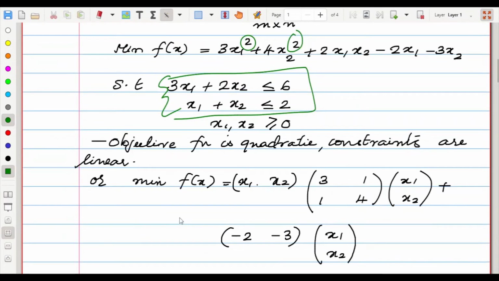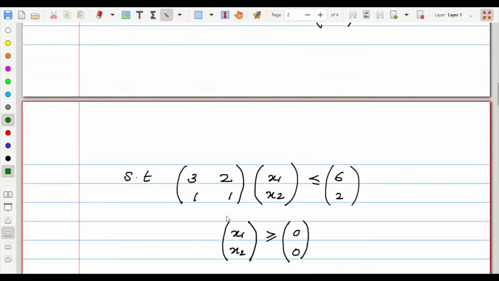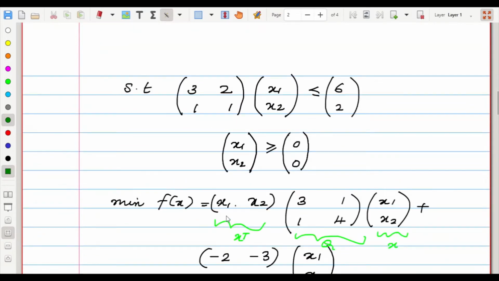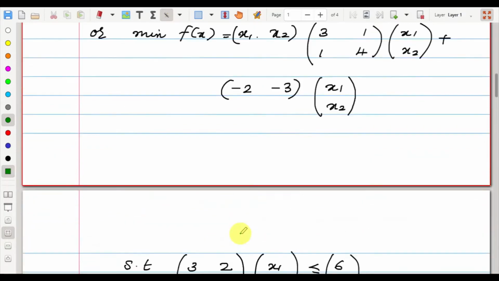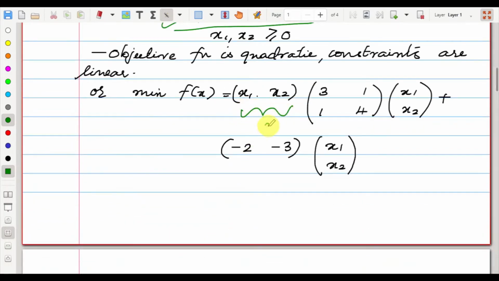So another way of writing this is minimum of f of x equal to [x1 x2] into the matrix [3 1; 1 4] into [x1 x2] plus [-2 -3] of [x1 x2], such that these are the constraints. This is the matrix representation. Actually this is x transpose, where x is the column matrix x1, x2.